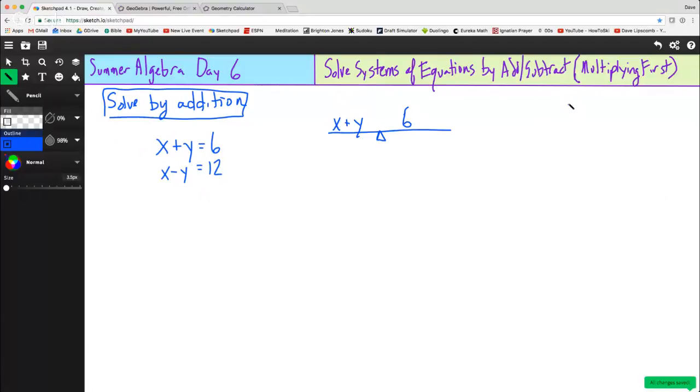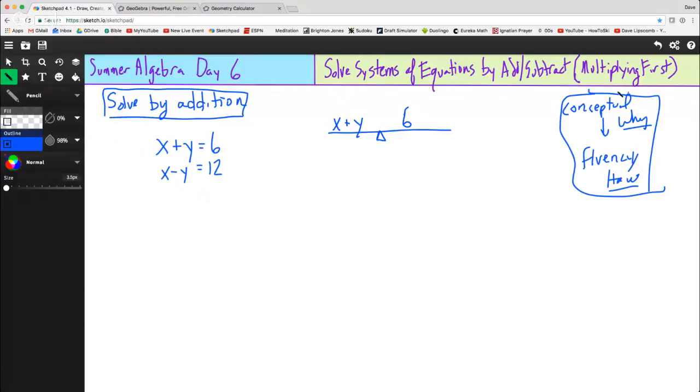So we're going to start with the conceptual, why does it work, and move into the fluency, how does it work.